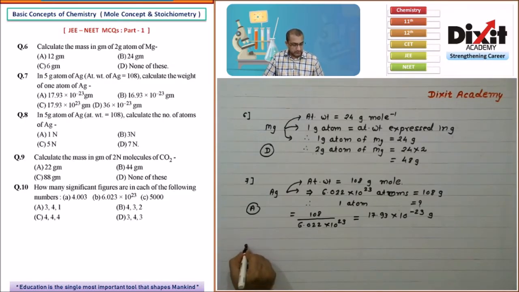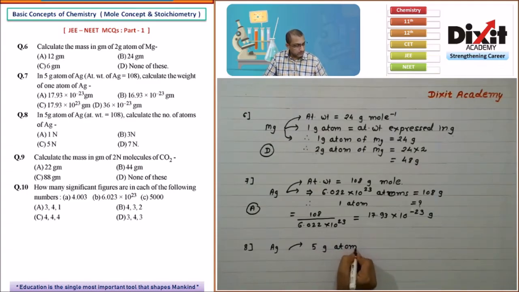Question number 8. 5 gram atom of Ag, atomic weight is 108. Calculate number of atoms of Ag. Okay. So given is silver and given weight is 5 gram atom. Remember, 5 gram atom is not equal to 5 grams. 5 gram atoms is equal to 5 into 108 grams of silver. 108 grams of silver is equal to Avogadro number of silver atoms.